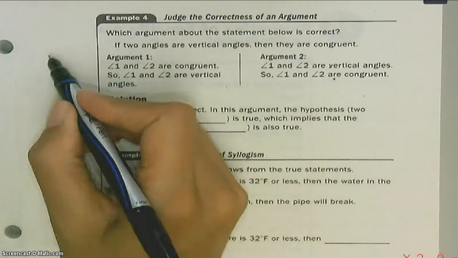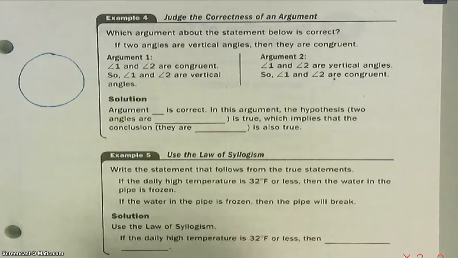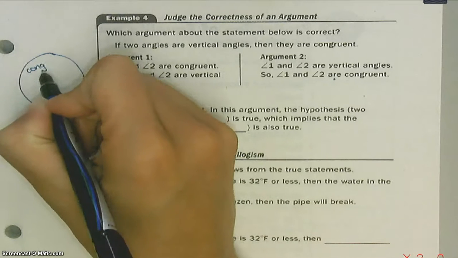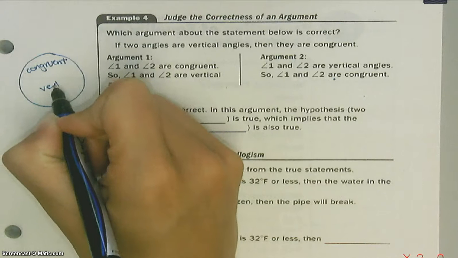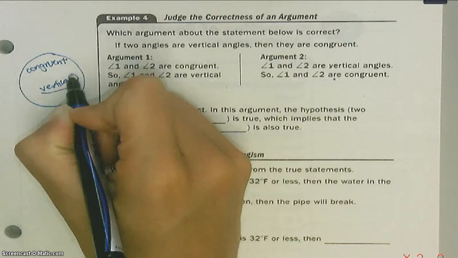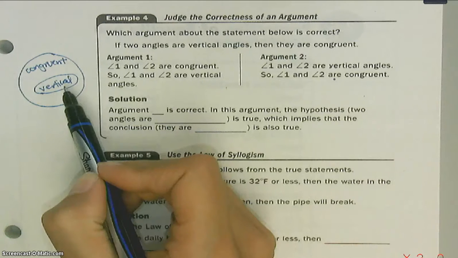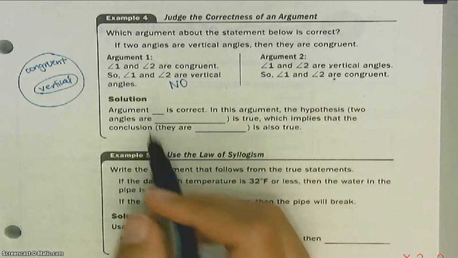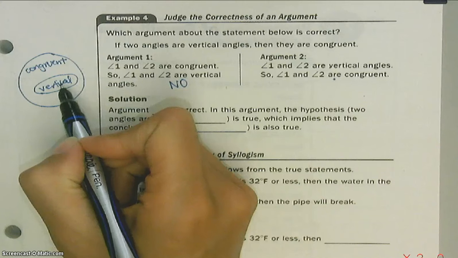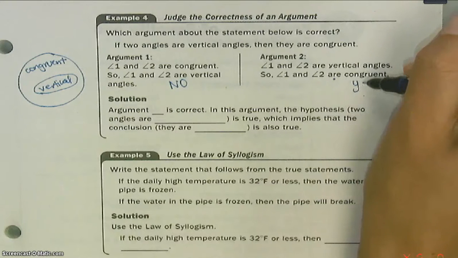Well, if you think about it, you made a Venn diagram where we had congruent angles out here, and vertical angles were just a type of congruent angles. So if they're congruent, that means they're vertical? No, this doesn't work. But if they're vertical, that means they are in the congruent circle. This is the correct argument.